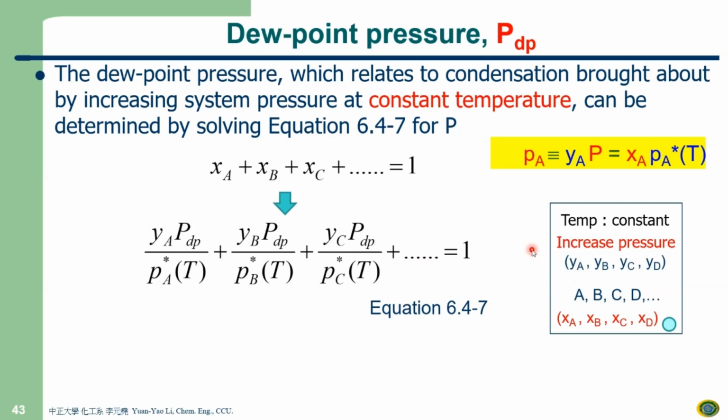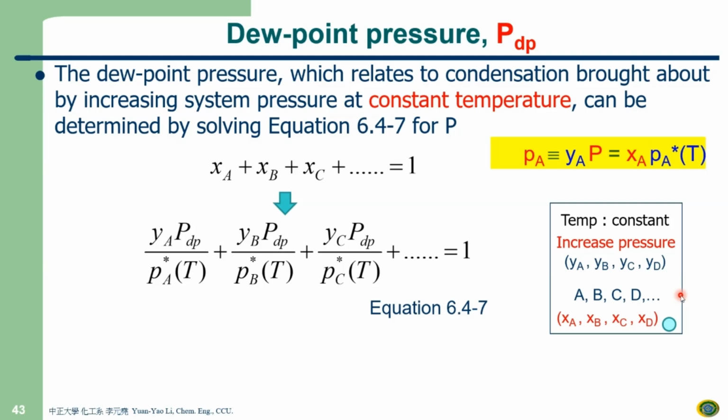The easy thing is that the temperature is kept constant, so you know the temperature. You know this, you know this. All you don't know is this pressure, right? You know YA, YB, YC, YD. So they sum to 1, and then it will be easy for you to calculate the dew point pressure.